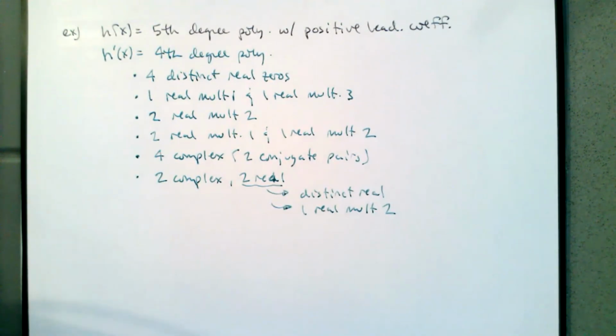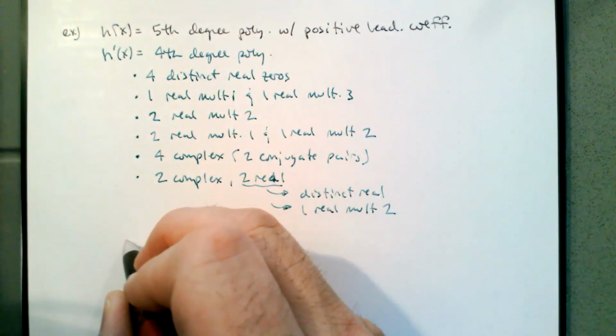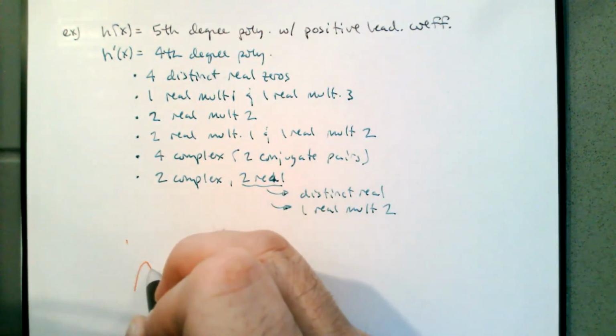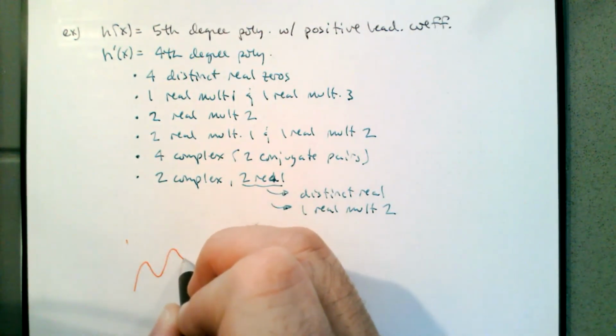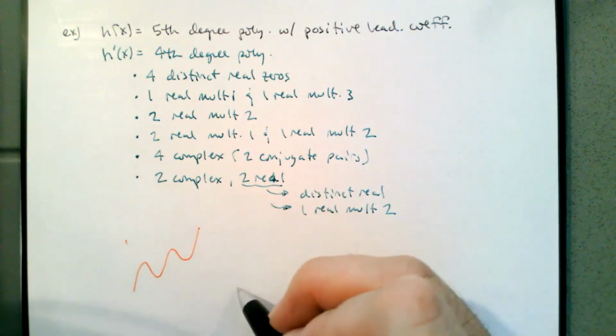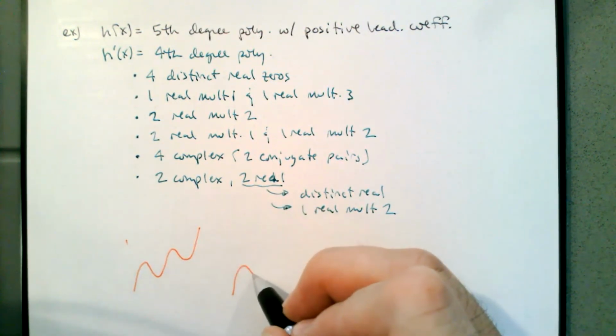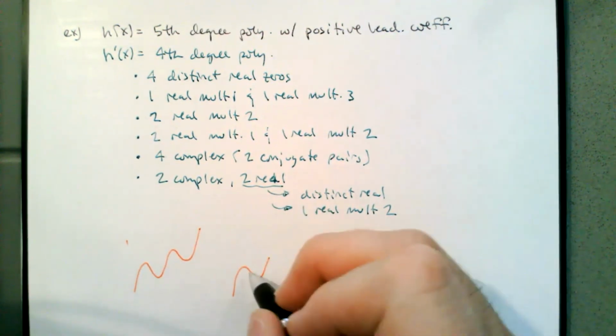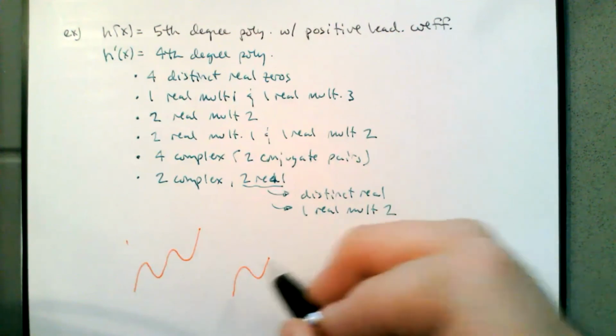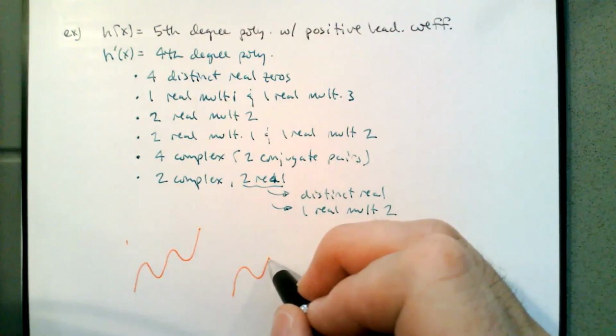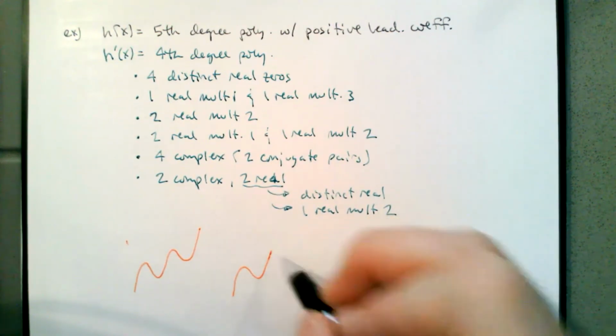We know that a fifth degree polynomial can make 1, 2, 3, or 4 turns. Oh, sorry, not 3 turns. It can make 2 turns. And maybe it just makes those 2 turns and keeps going.